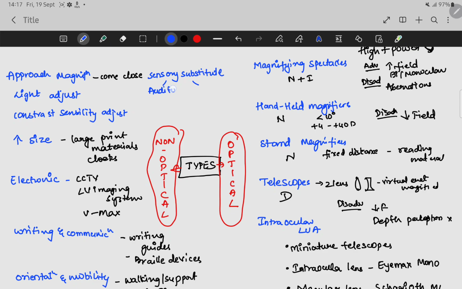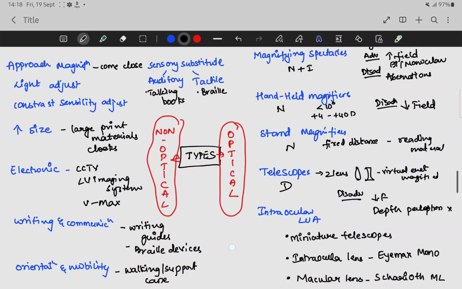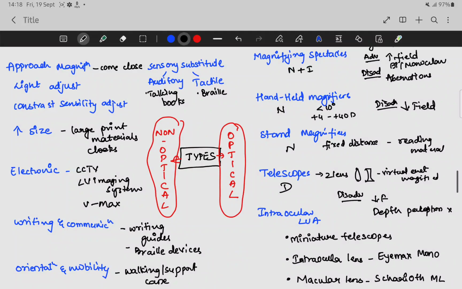There can be auditory substitute or tactile substitute. In auditory, we can use talking books, screen readers, and in tactile substitute we have braille language. So these are our low vision aids.